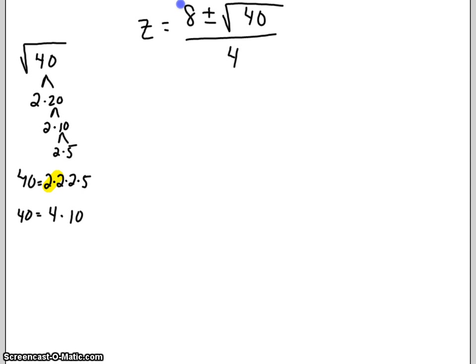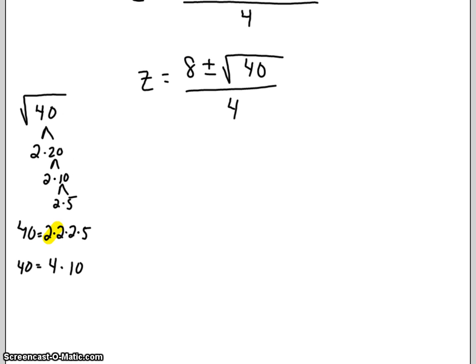So I'm going to simplify the radical within the expression up here. So first thing you do, and make sure you review this if you have trouble with it, is you take this radical and you break it apart into a product. So 40 is 4 times 10.